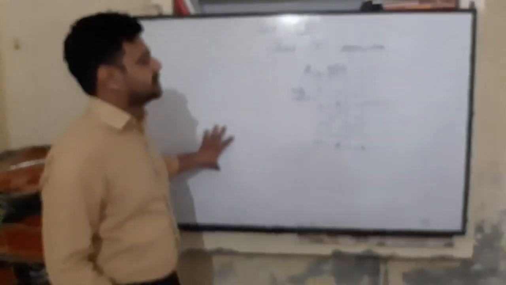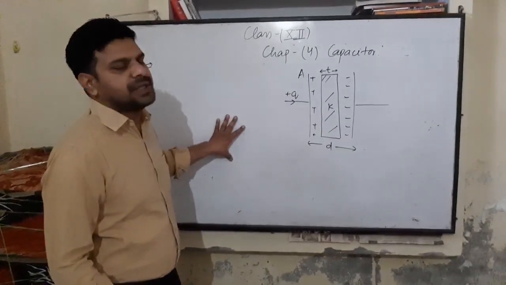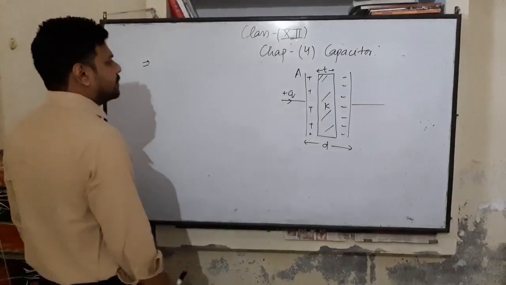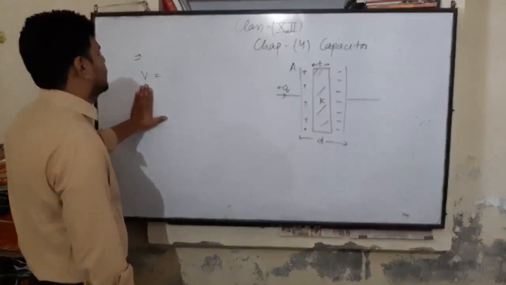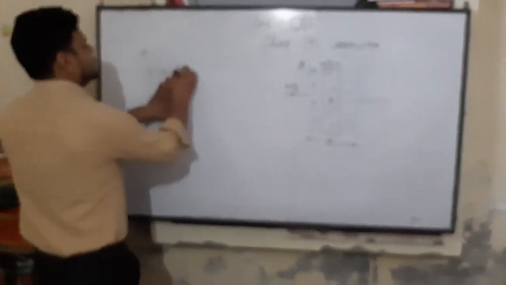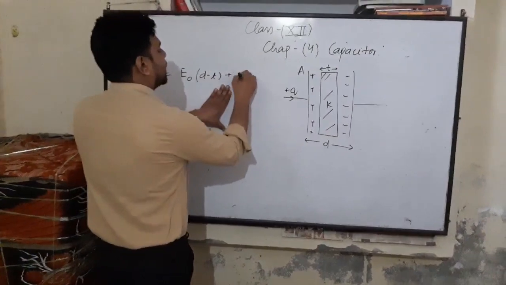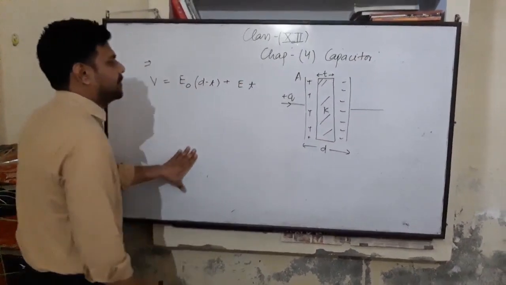The dielectric constant of this slab is K. For calculating the capacitance of this capacitor, first we need to find the potential developed across the plates. So, the expression for total potential is the potential in the air between the plates plus the potential in the dielectric slab.